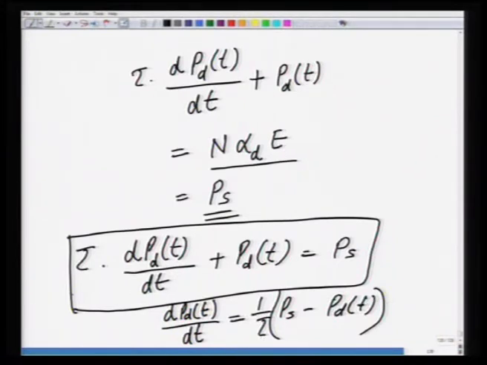So the rate of change of dipolar polarization is nothing but 1 over tau multiplied by Ps minus Pd(t). We have derived this form by taking a bistable model of two dipoles, where there is a jump of, let us say, atoms from one position to another, and this jump is due to thermal phenomena. When the temperature is greater than 0 K, in the absence of field, these jumps are random.